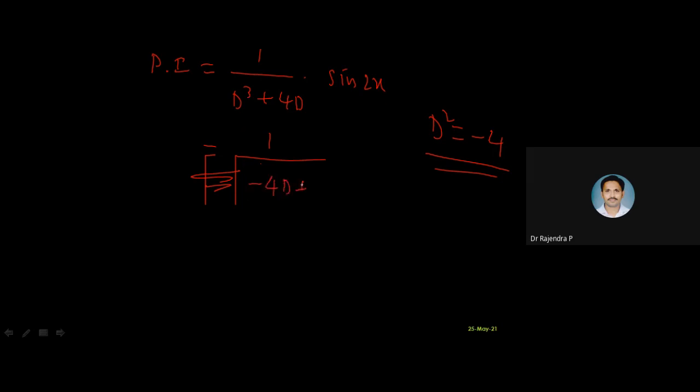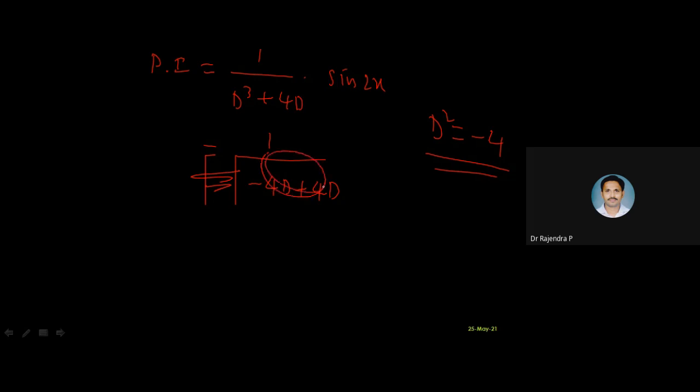Here we have plus 4D, so what happens? We are getting 0. While substituting, if you get 0, what should you do? Differentiate.